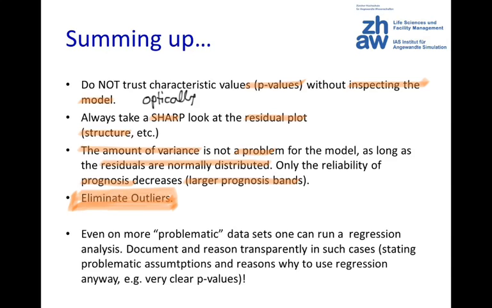And then, last but not least, even on more problematic data sets, a regression analysis can be run, if you have questionnaire data not being metric, or data that is maybe not fully normally distributed.